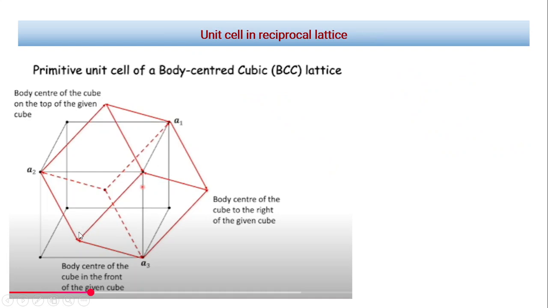If you connect this, you can see the whole cube which is in this direction, and you will also see that although the A1, A2, A3 in the conventional unit cell were 90 degrees, in this primitive unit cell they are not 90 degrees, but they are primitive.